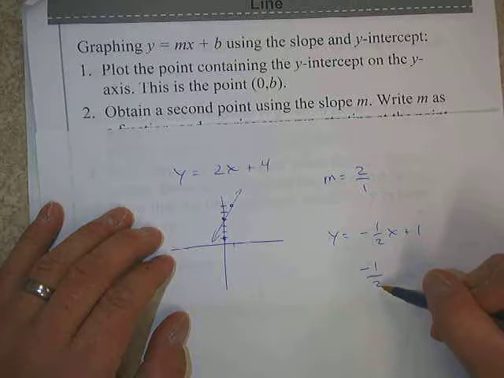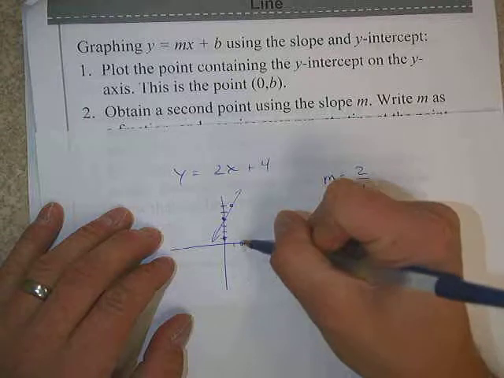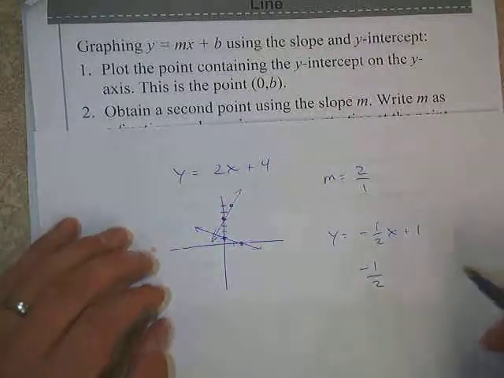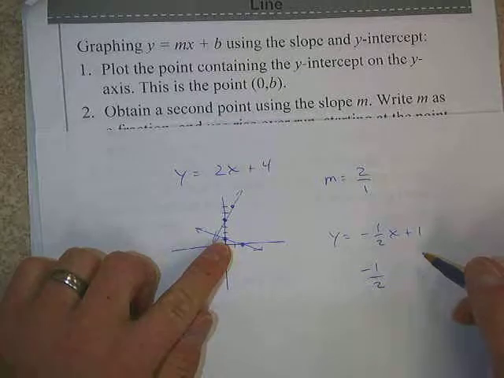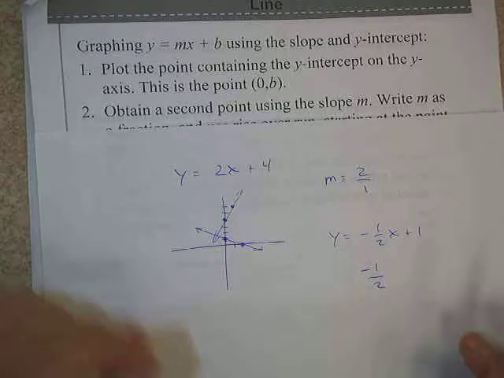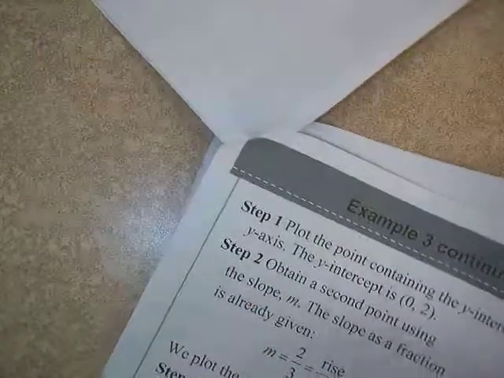As long as we always put the negative on the top of the fraction, then we can always think of the rise part as either up or down, and then the run is always to the right. So if we go down 1 and then over 2, and we draw our graph as such, that would be the graph of negative 1/2 x plus 1. Y-intercept of 1, rise negative 1, run 2, and that gets us our second point.